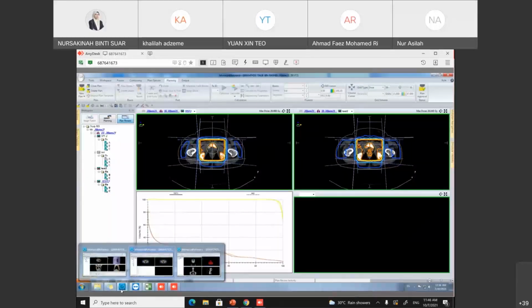Only then do they publish in a paper and tell the whole world that 40 gray in 15 fractions works. For example, for the COVID pandemic, there is another new dose coming out for the breast. We reduce the prescription dose to 26 gray in 5 fractions.